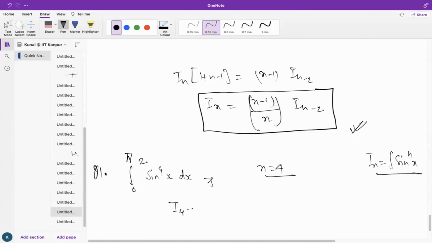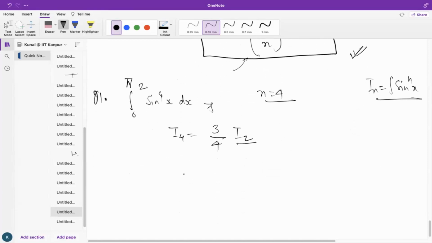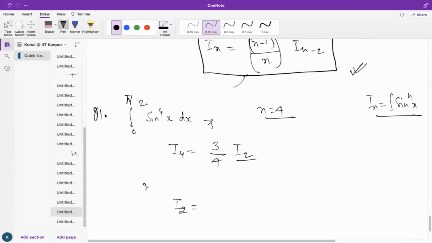So I4 is equal to, when we apply this formula, 3 by 4 I2. Then we have to find I2 also. When we put n equal to 2, we get 1 by 2 I0, and we know the I0 value is nothing but pi by 2. So the I2 value is 1 by 2 into pi by 2, which is pi by 4.